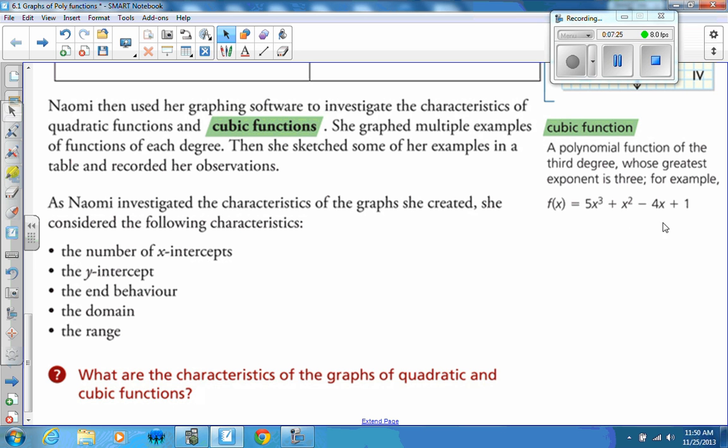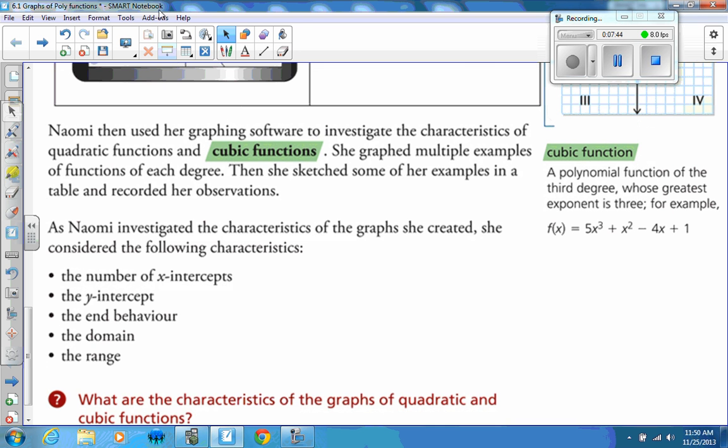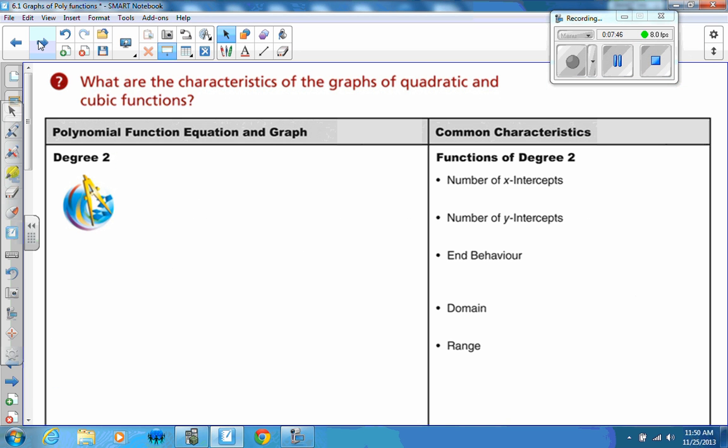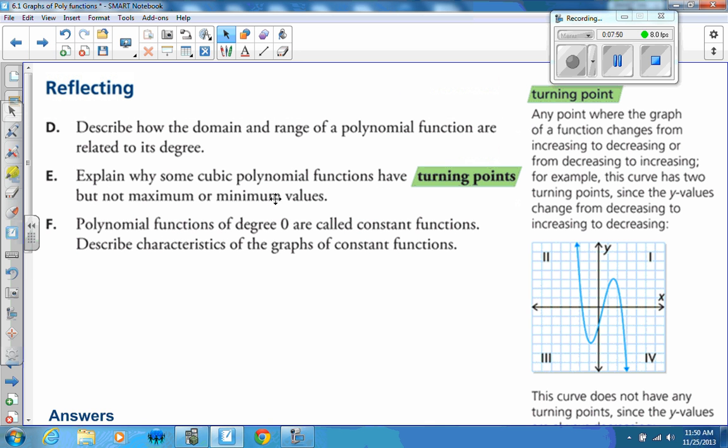Cubic function: a polynomial function of the third degree whose greatest exponent is 3. So if you see a polynomial function with an x cubed, you know this is a cubic function, and we just talked about what those graphs look like. Okay, so from this section you have to be able to explain number of x-intercepts, y-intercept, end behavior, domain, and range. And we'll get to turning points. Okay, so if I go to the next part, here we see turning point.